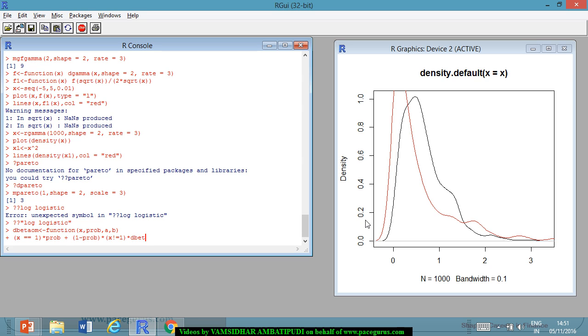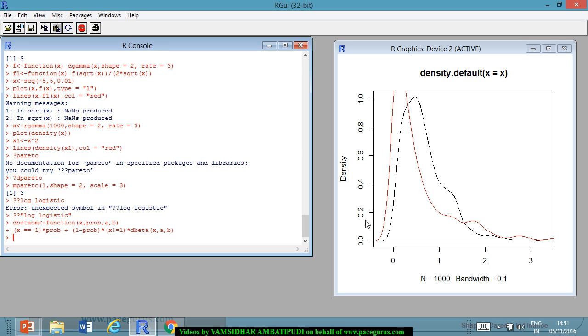In that case, it is nothing but a dbeta distribution. So it's a dbeta containing x and a comma b. So this is the name of the function that we are providing. Right? So we are defining a simple function, which is called a one modified beta function.